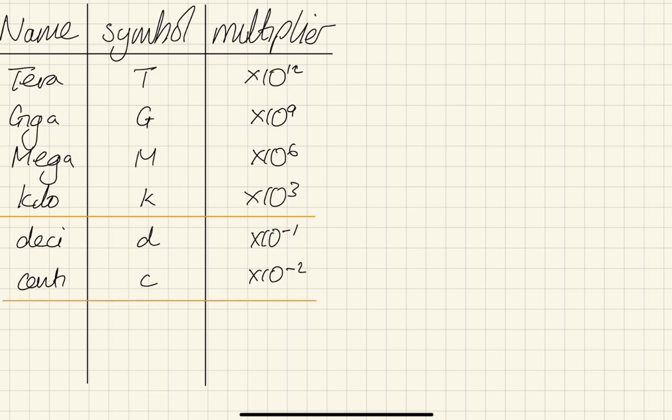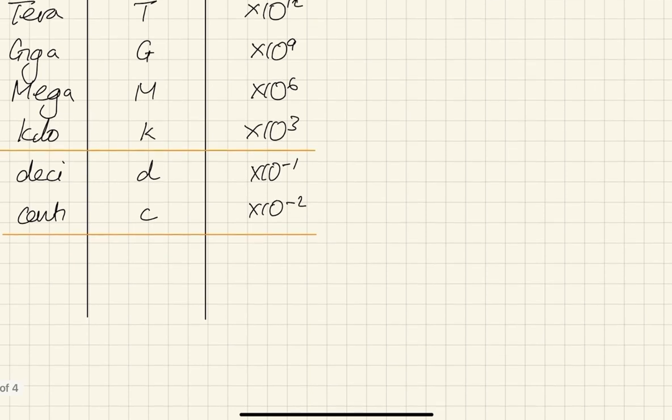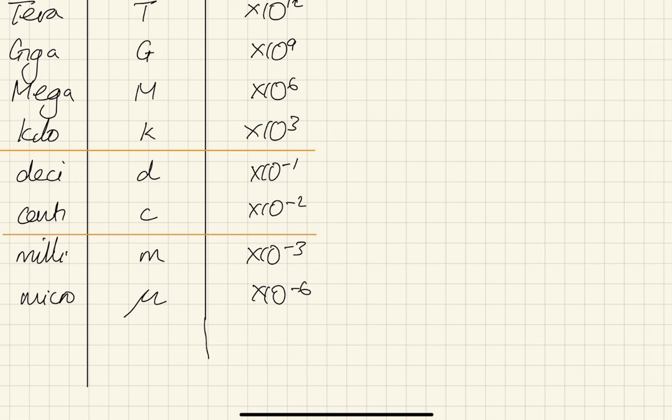Before we continue, we have milli, which is lowercase m, 10 to the minus 3. Micro, now micro has a Greek symbol mu, which is written like this, 10 to the minus 6. Just two more.